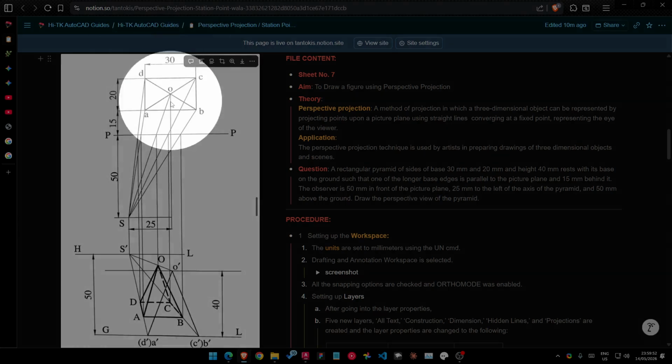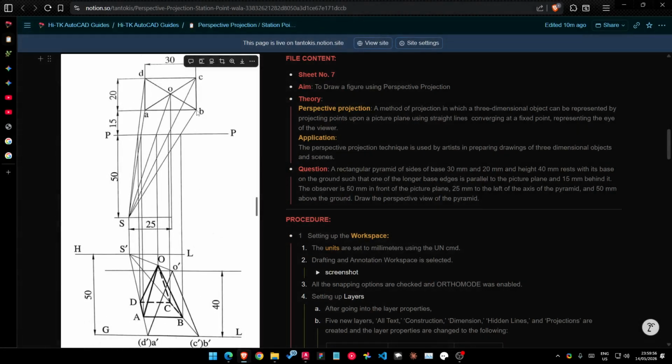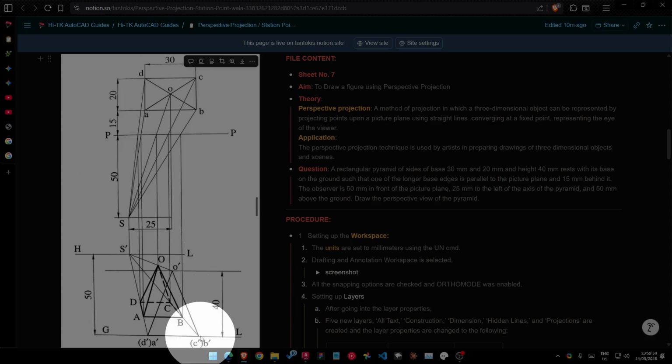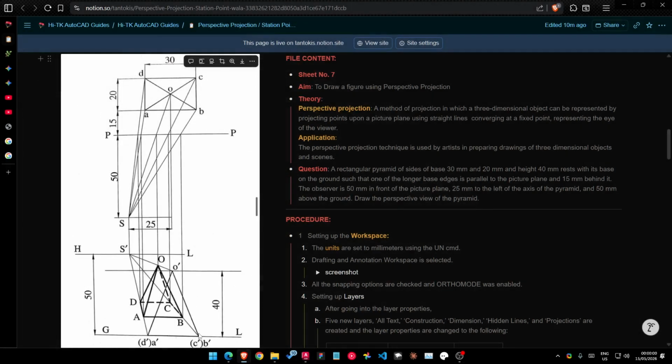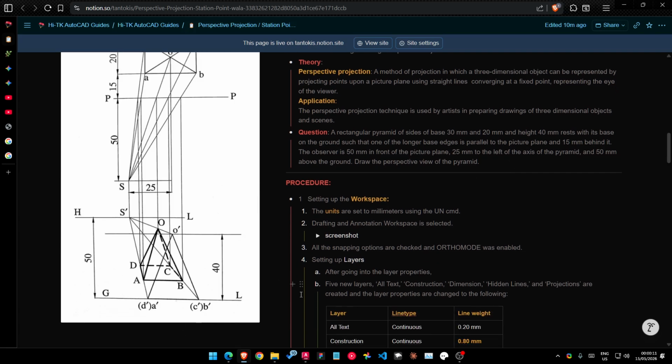This O, this line is perfectly traveling till here. This B till B dash, this is the exact front view. And connect S dash with all 3 of these points. And connect these 2 because this is the view. And this is where the magic happens.